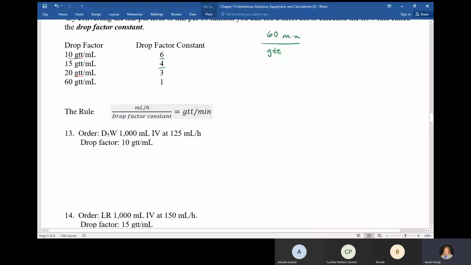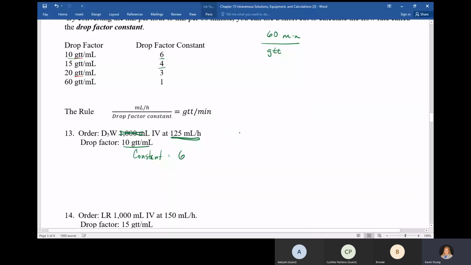I don't like this because I have no way of canceling out units of measure. So I've got 1,000 milliliters of IV ordered at 125 milliliters per hour, okay? This 1,000 is just added information I don't need because I've got to have the rate. My drop factor is 10 drops per milliliter. So my constant is 6, right?